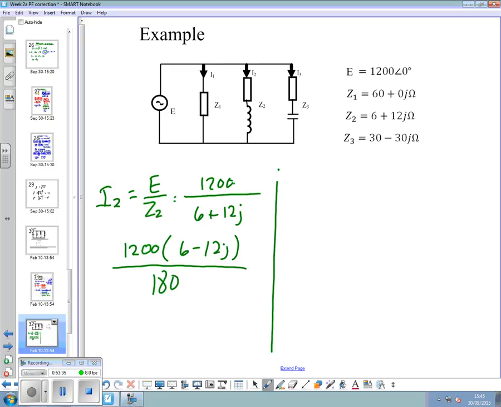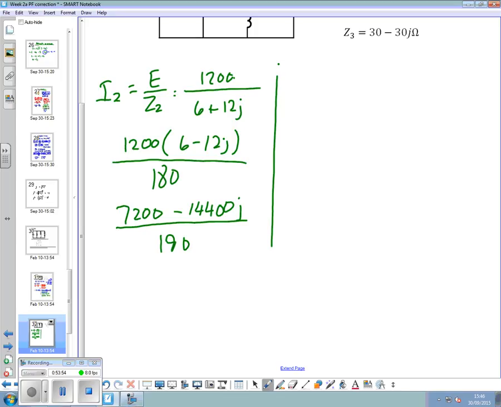Multiplying the top line out came to 7,200 minus 14,400J over 180. Please check, because I have been known to make mistakes. Which ultimately becomes 40 minus 80J amps.